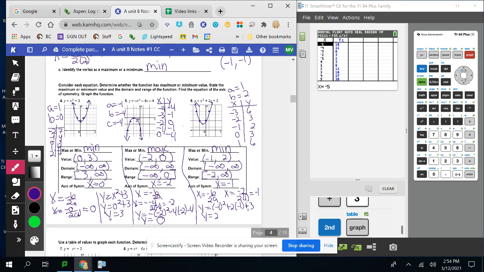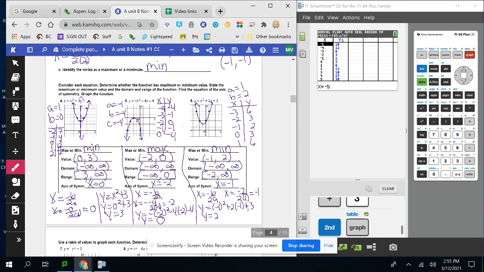Now notice that the start of my range is the y value of the minimum point. Now I also want you to notice that when I graph my axis of symmetry, I can do it as a dotted line. It's always going to be a vertical line. It is the line that I could fold that parabola in half.